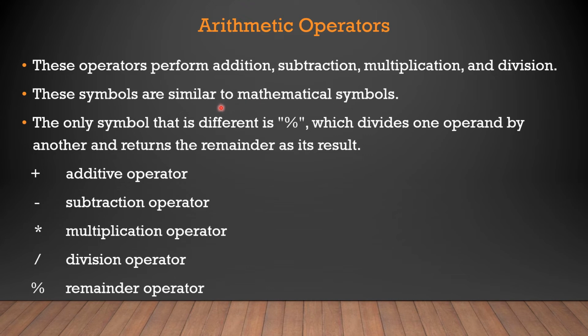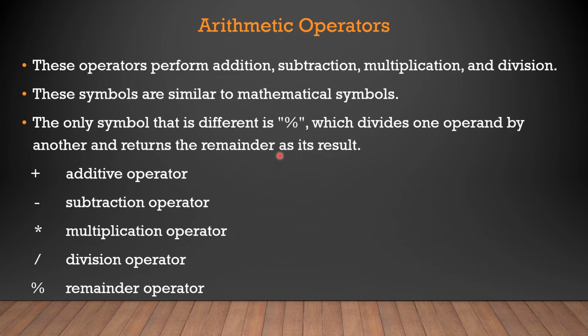The only symbol that is different is this percent sign. Generally in mathematics, we use this percentage sign for percentage, but here in programming language we use it for another purpose. It divides one operand by another and returns the remainder as its result.